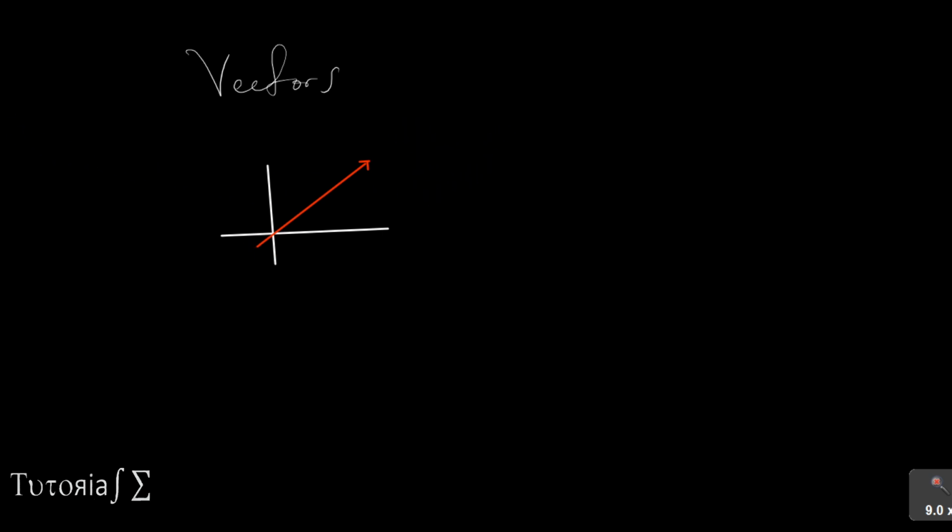Now, the length of this line is basically from the origin to where the arrow ends, and that is what we call the resultant of the vector. It's just the length of this line from the center to where the vector is ending.